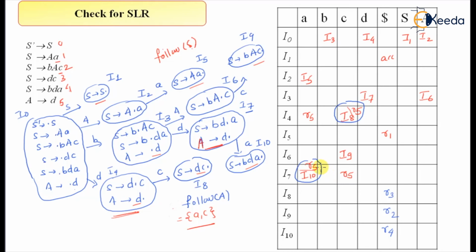So in I4 and I7 there is a multiple entry, and we can say that the given grammar is not SLR. That was the primary motivation, to find out whether the grammar is SLR, and this grammar is not SLR. We have already seen a few examples of non-SLR grammars, with reduce conflicts, and here it is a clear violation: what we are getting in this case is a shift-reduce conflict.